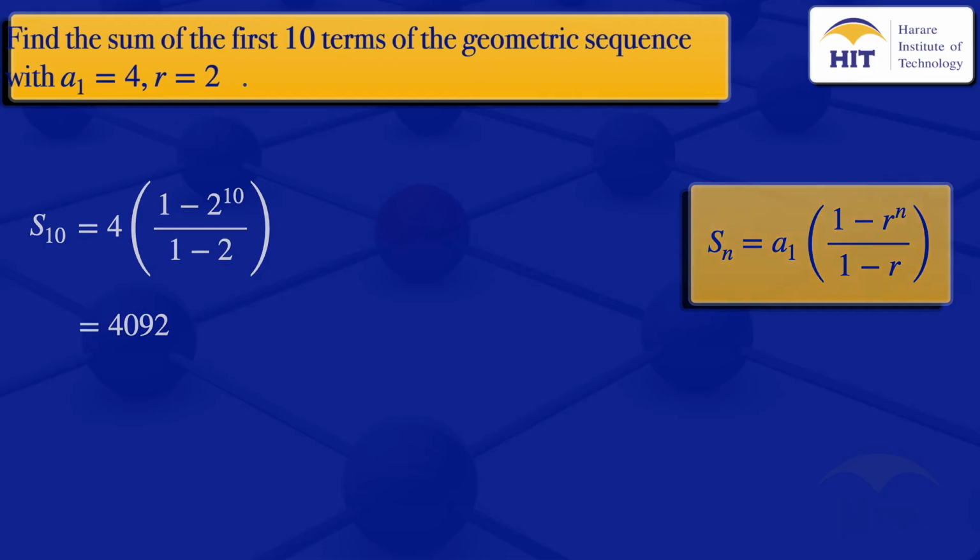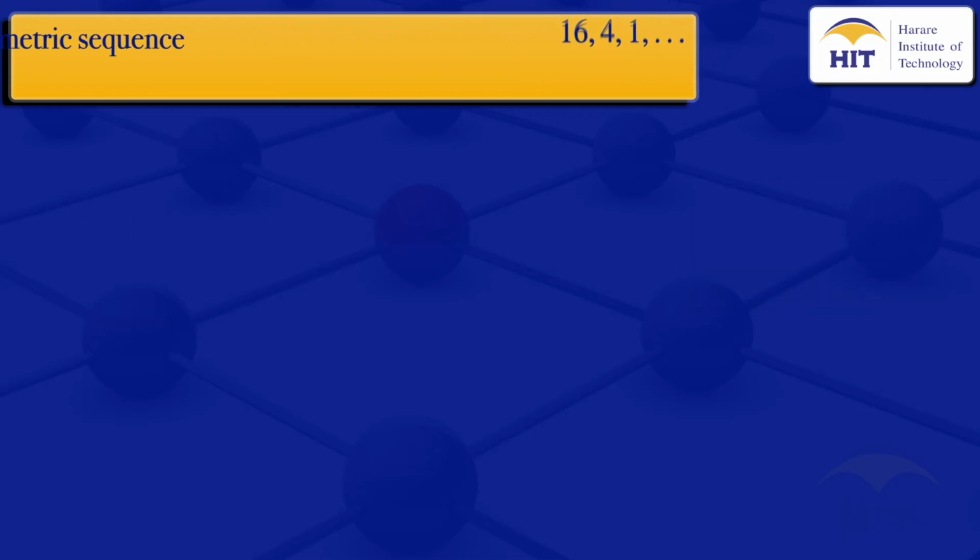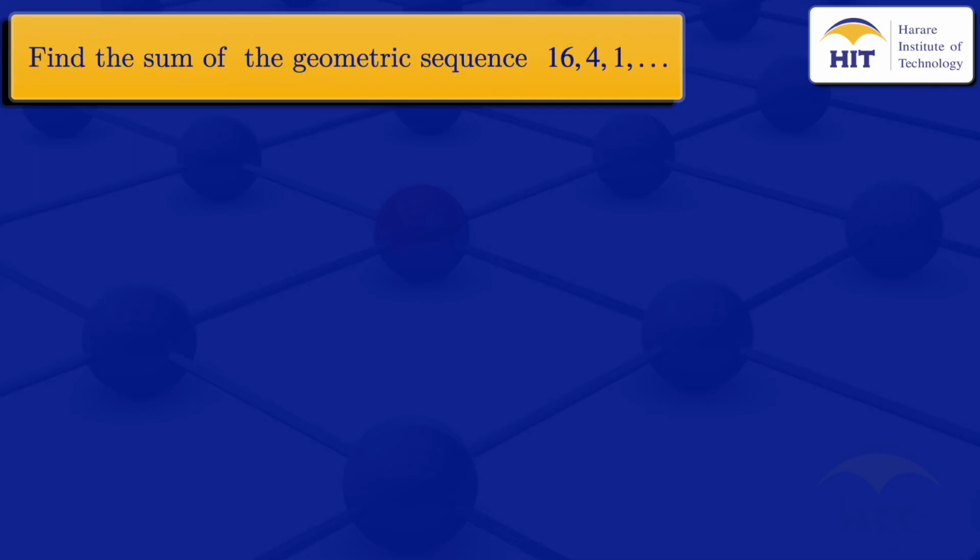I now move on to the third question, finding the sum of the geometric sequence 16, 4, 1. In this case, the first term is 16, but we are not given the ratio r. To get the ratio, you look at a term and the preceding term. The ratio is that term divided by the preceding one.